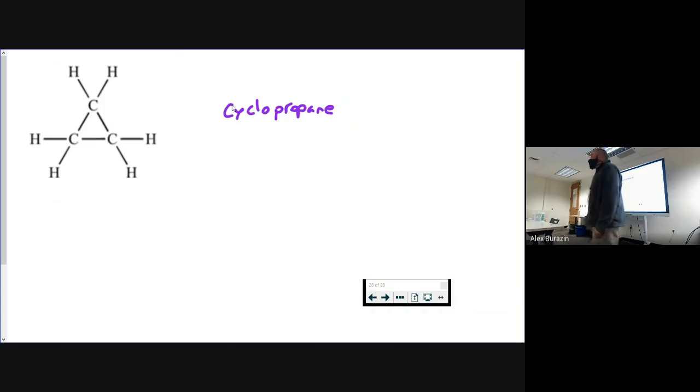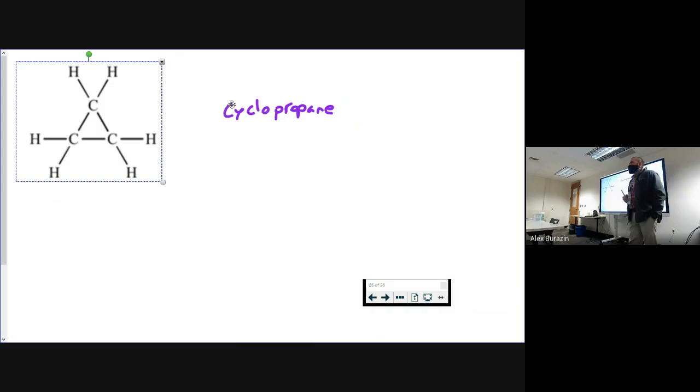What's the angle right here? The interior angle, 60 degrees. That's really straining that bond a ton. So this really doesn't exist. Or if you could get it to exist, it would basically react instantly with something because it's not going to want to maintain those 60-degree bonds.